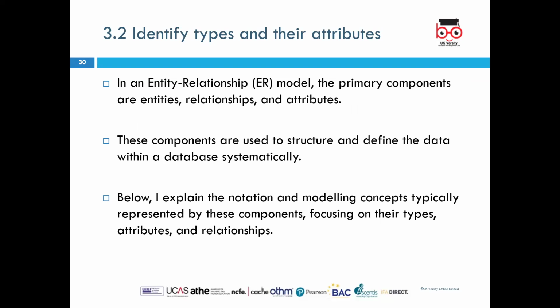So now we're going to identify types and attributes. We've explained that in our ER models, we have the primary components: entities, relationships, and attributes. These components are used to structure and define the data within our database systematically.